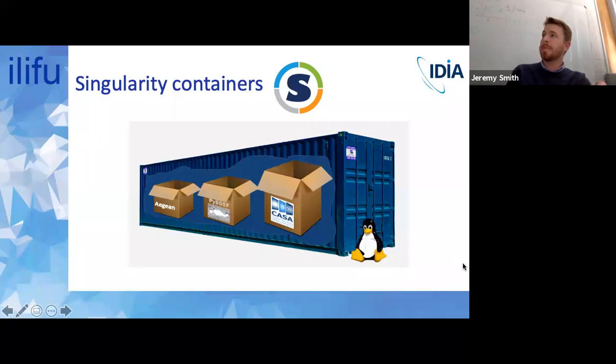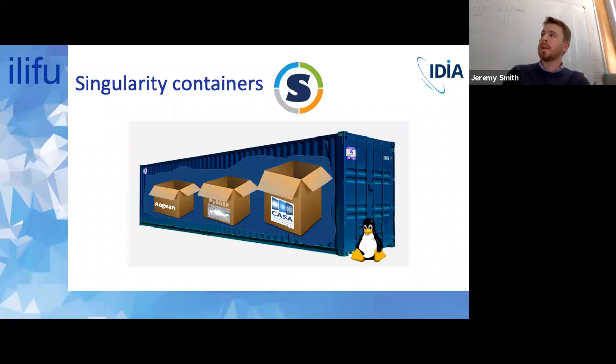What's great about Singularity containers is that they're available across all the platforms. So, for example, if you had to install software yourself on one virtual machine, and that machine is brought down and brought up again, you're going to lose the software.